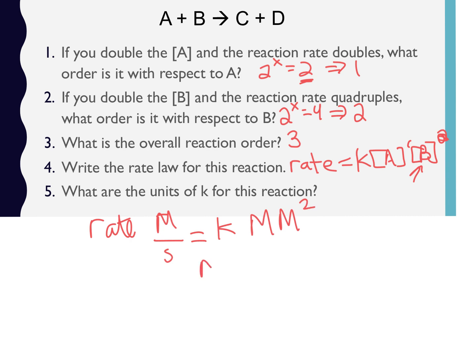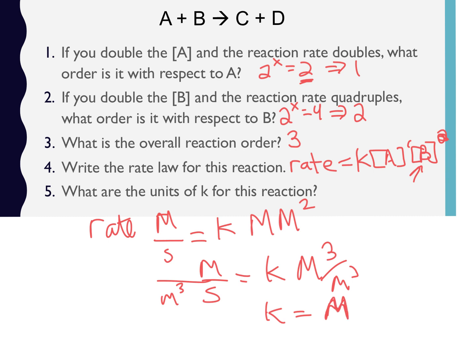The units of molarity per second equal the units of K times molarity cubed. Divide both sides by molarity cubed, and you end up with units of K of molarity to the negative 2 power, seconds to the negative 1 power, or 1 over molarity squared seconds.